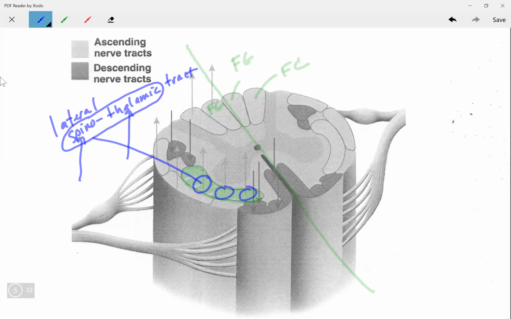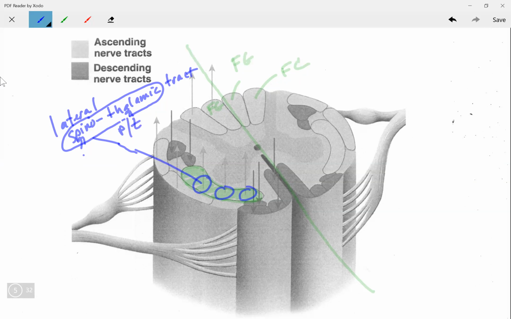The thalamus is in the brain, so this is letting you know it's afferent, spine to brain, thus spinothalamic.